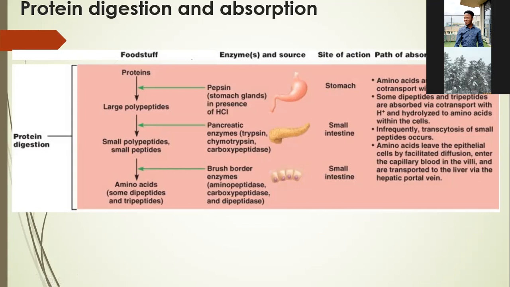So to prevent that from happening, pepsin is synthesized in the form of an inactive protein known as pepsinogen. This pepsinogen is released, but it will not become active until it is exposed to hydrochloric acid. The hydrochloric acid will aid in splitting or cleaving one portion of the pepsinogen to release the active pepsin.